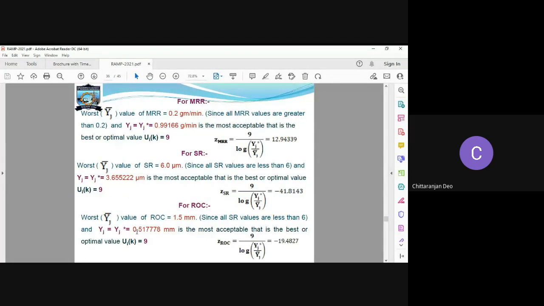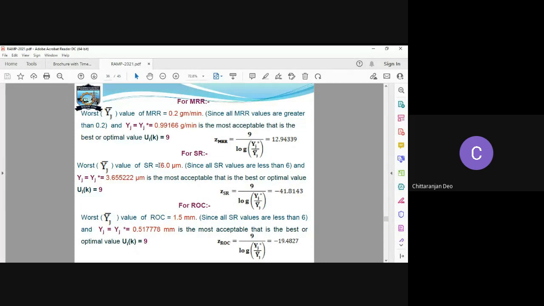Just see here how we decide. For MRR, the worst value that we got during the experiment is 0.2 gram per minute, and we assigned the number 9 to that. In surface roughness, because we need better surface finish, surface roughness should be low, so smaller-the-best.